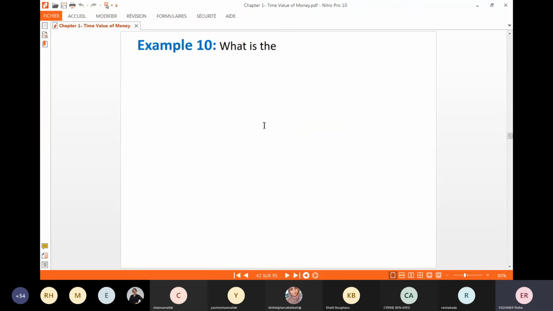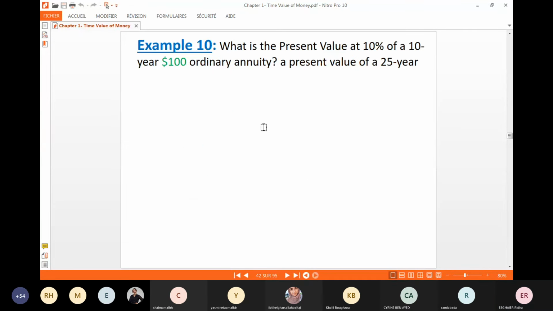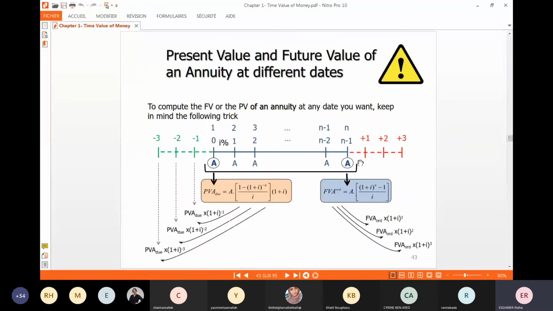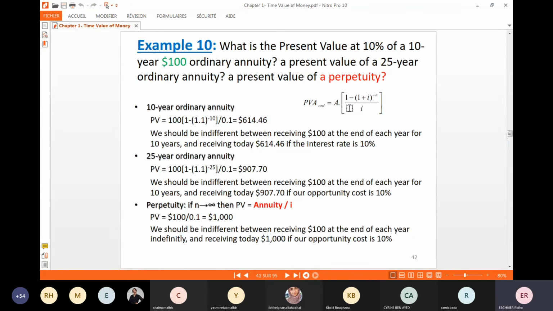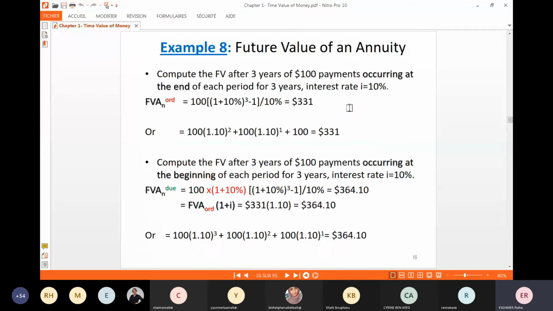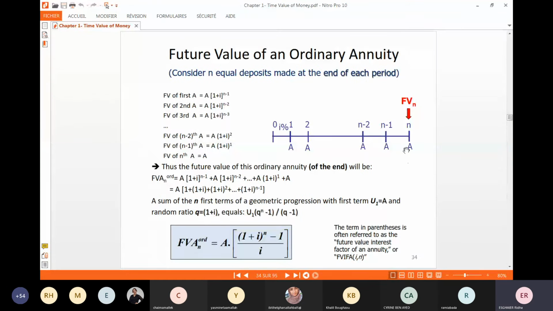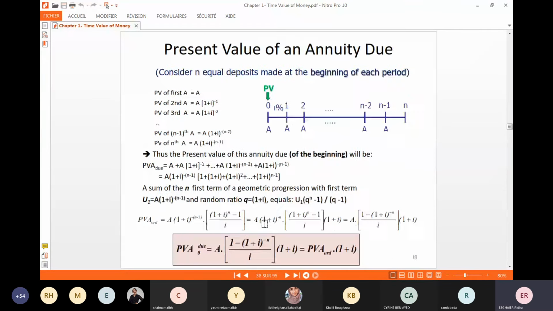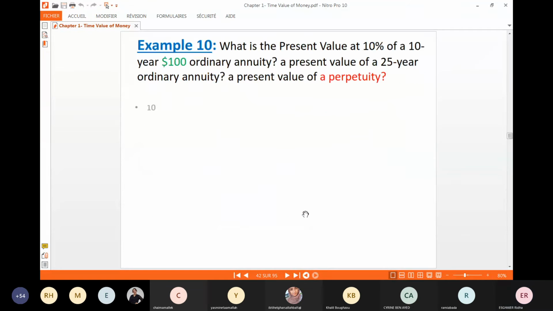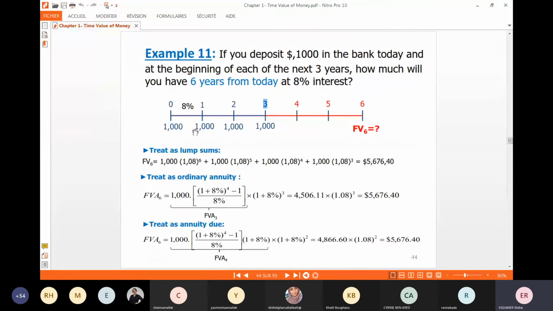So I know that when the future value date coincides with the date of the last amount, I have to apply the formula of the future value of an ordinary annuity, as we did here. We use this formula, so we know that at the date 3, all these 1,000 are worth A times (1 plus i) power 4, the number of deposits, minus 1, over i.